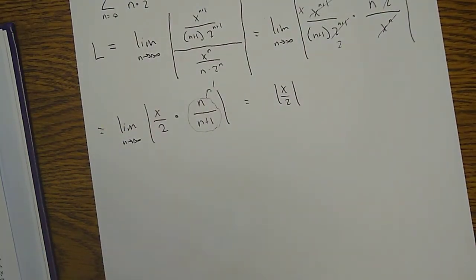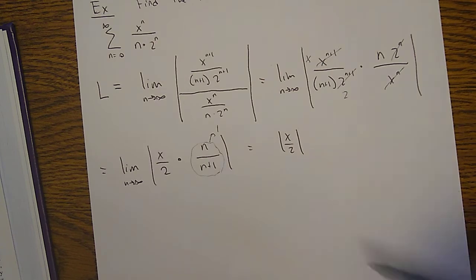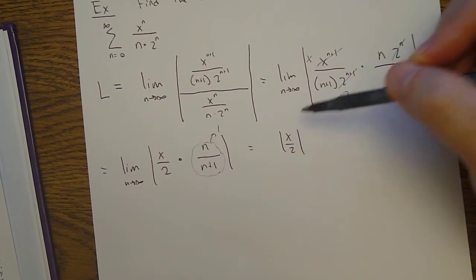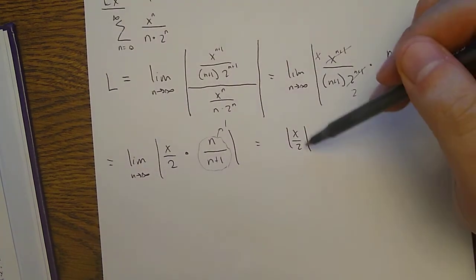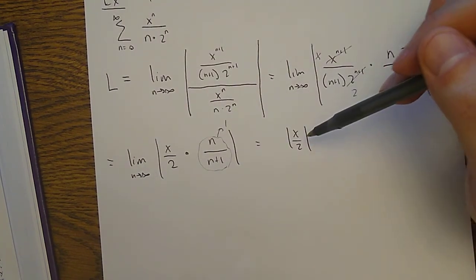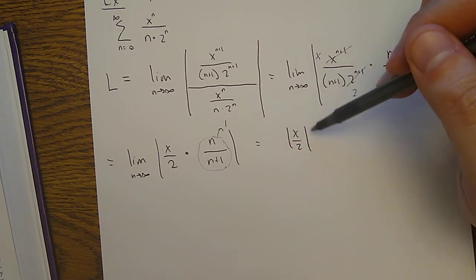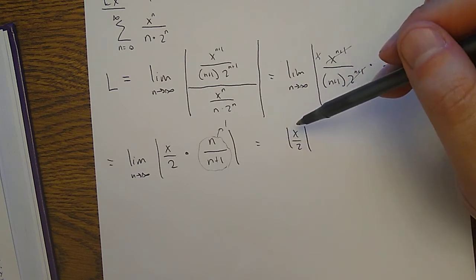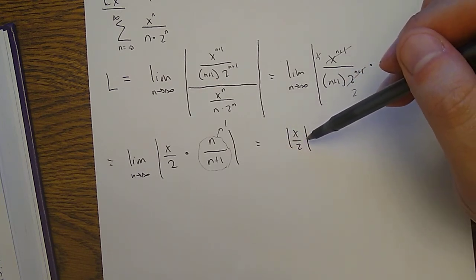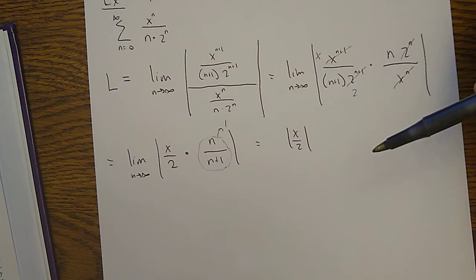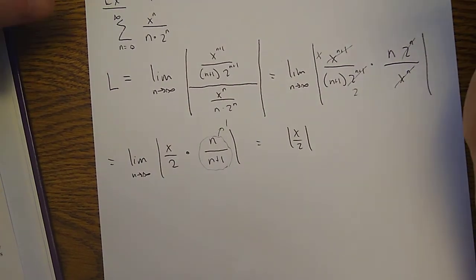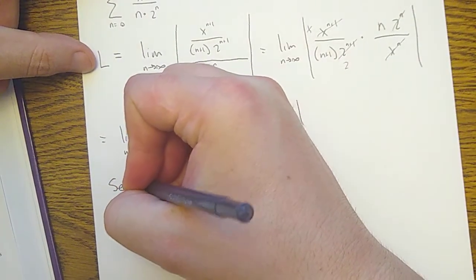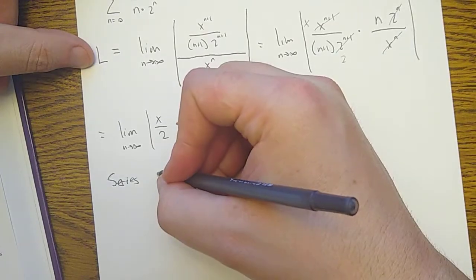So what do we know about the ratio test? The series converges if L is less than 1, and diverges if this is greater than 1. It may converge or diverge if this equals 1, but for our purposes here, we don't worry about when L equals 1. What this means is, for example, I can say the following.